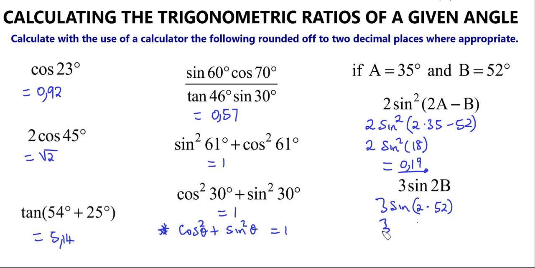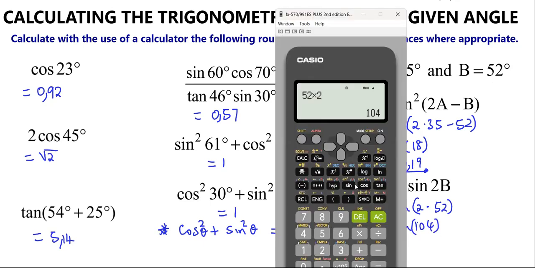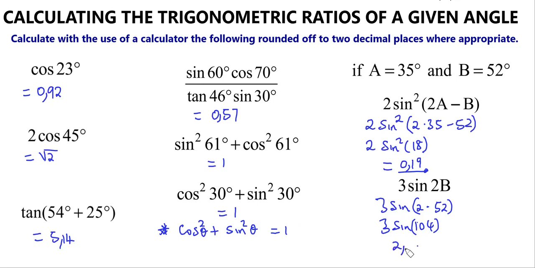So it's actually 3 sine 104. Then what do we get? 3 sine 104. What do we get there? Let's see, 2.91. So that becomes our final answer.